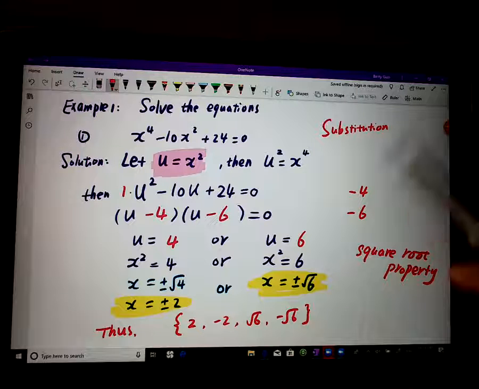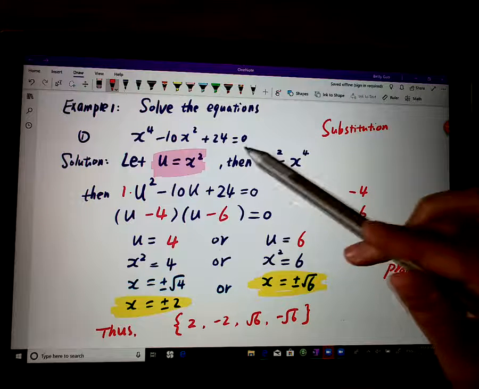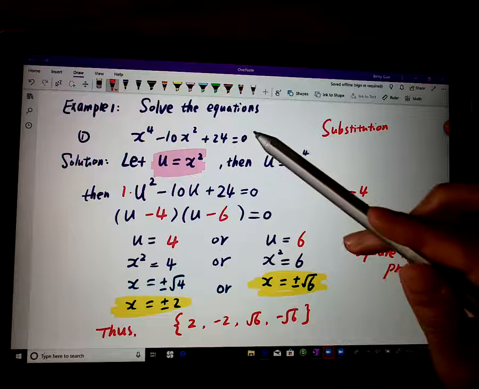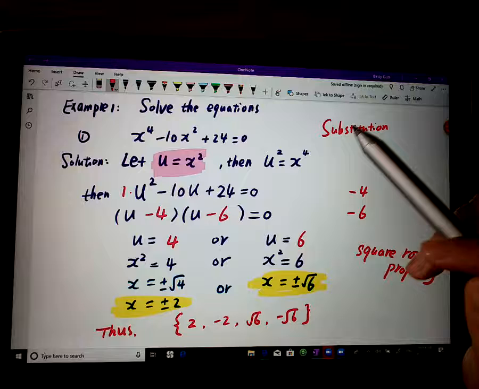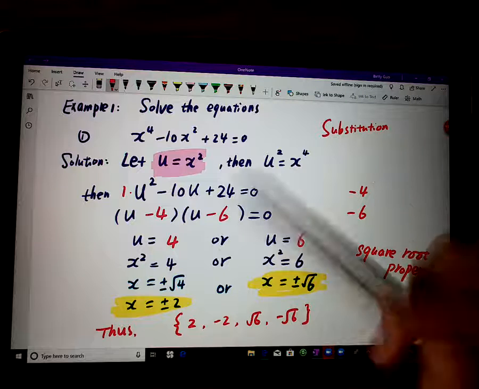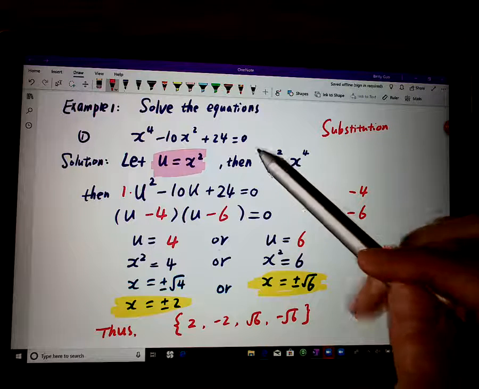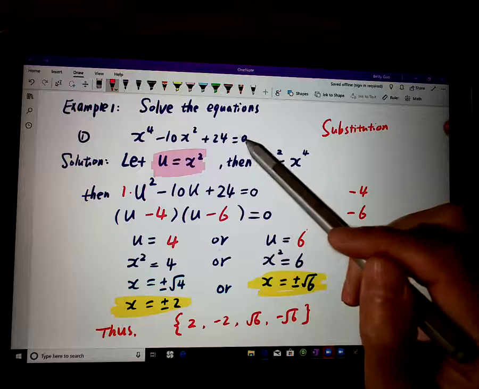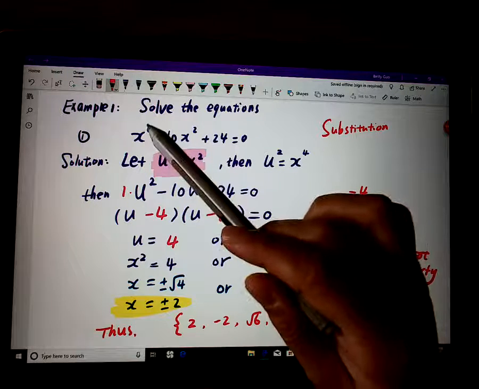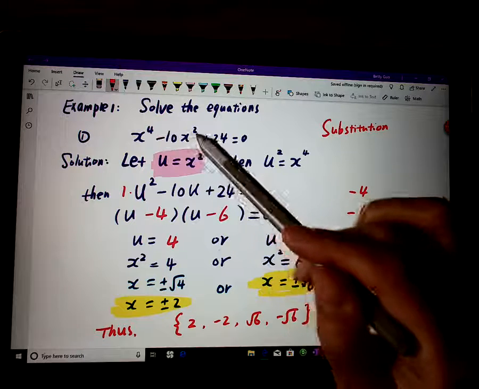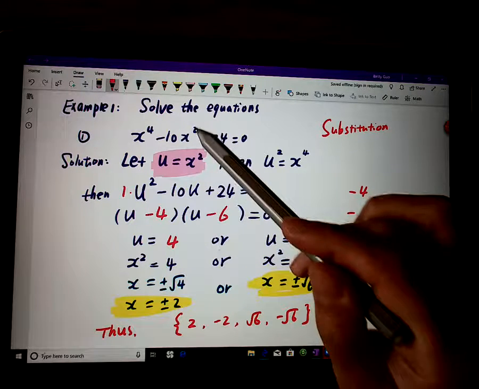I already showed you how to identify if an equation is quadratic in form or not. Certain characteristics have to be satisfied. The right hand side is 0, the left hand side happens to be a trinomial. The leading exponent is twice the middle term exponent.